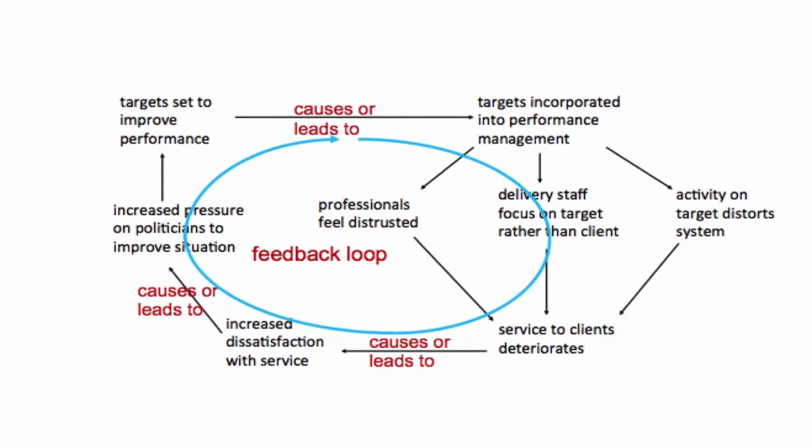So this diagram is a really simple, effective and quick way to bring together all the different issues that go on in relation to targets, and to simplify them into something that makes it a lot more obvious, and where you can start to identify feedback loops and think about what you can do to change that system.